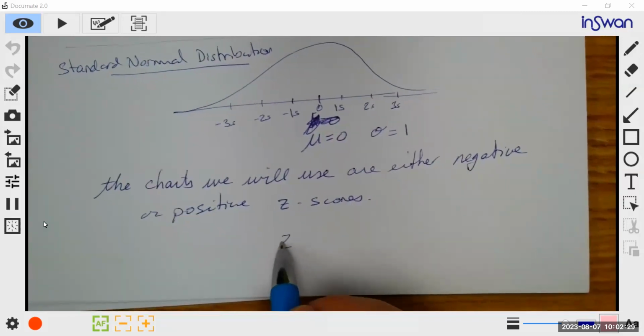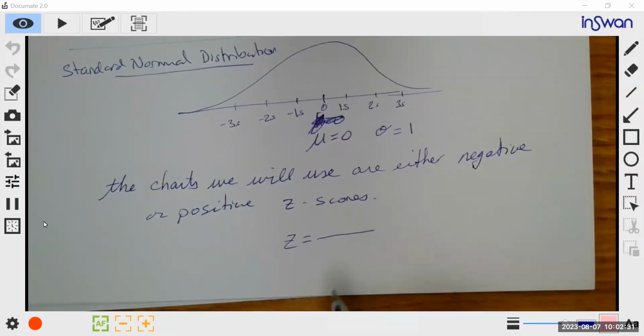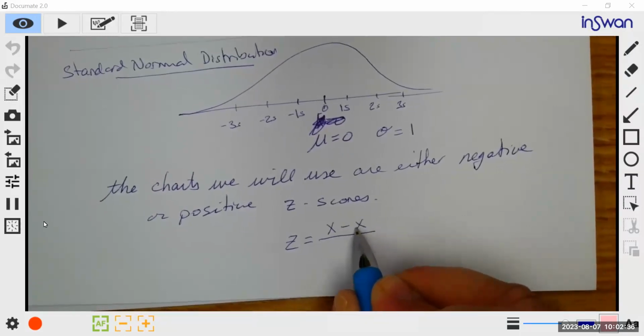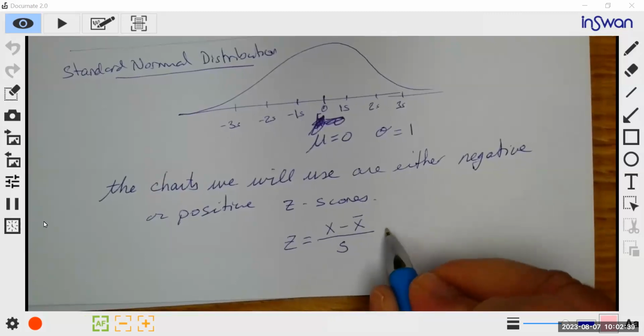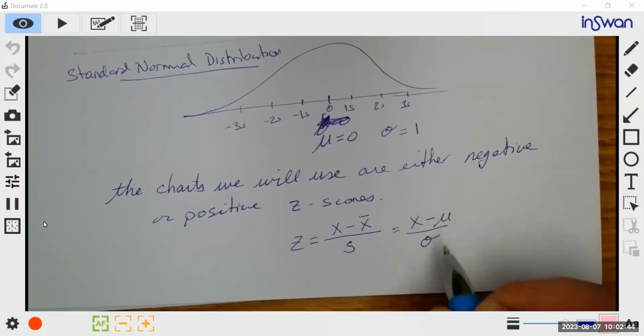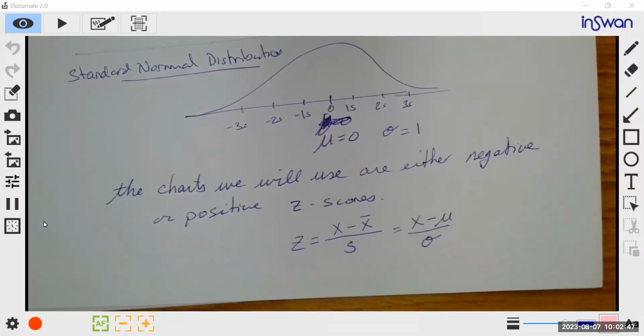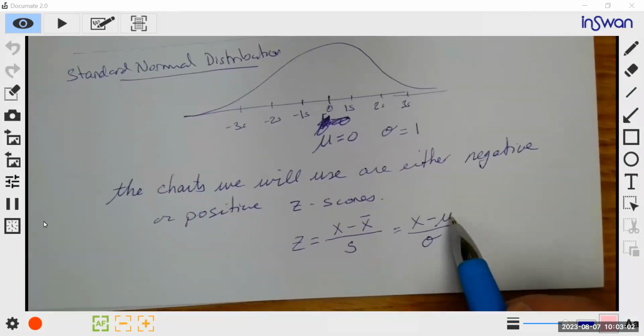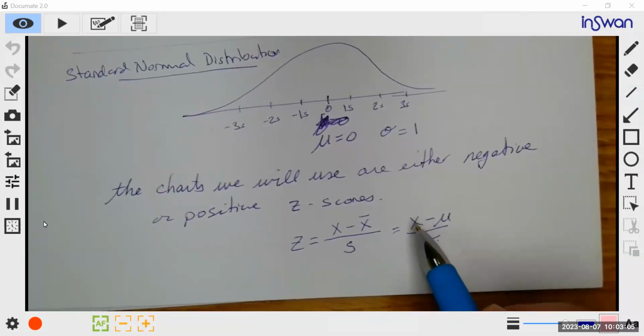And what's our z-score formula? X minus X bar over S, or X minus mu over sigma. So far, so good? Because we have to be given, or we can calculate, the mean and the standard deviation, and we have to give a value that we're looking at.